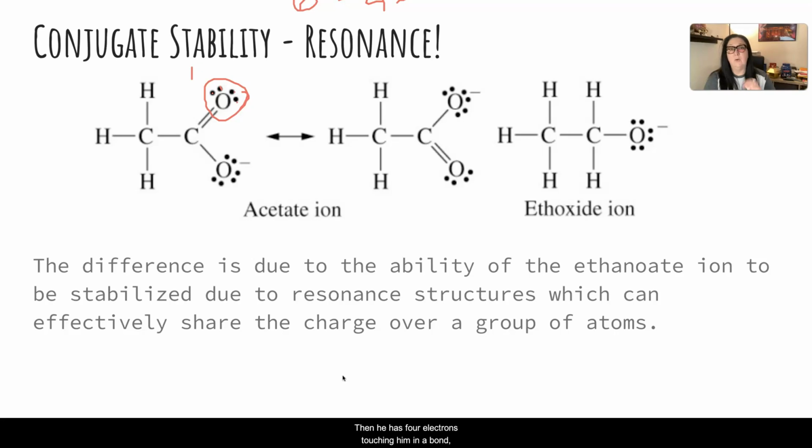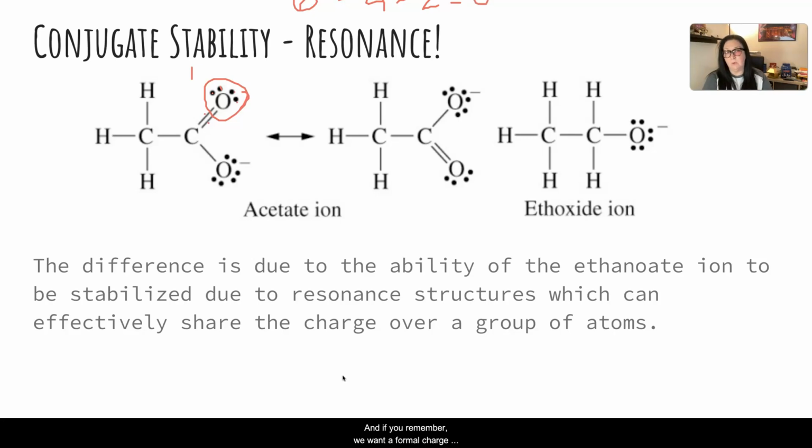Then he has 4 electrons touching him in a bond, but he has to share his bond. He only has half of it, so he only has a dot from this one and a dot from this one, so minus 2. There's a total of 4 there, but he has to share them with carbon, so carbon gets 2 of them and oxygen gets 2 of them. That's where the 2 comes from, and that equals 0.